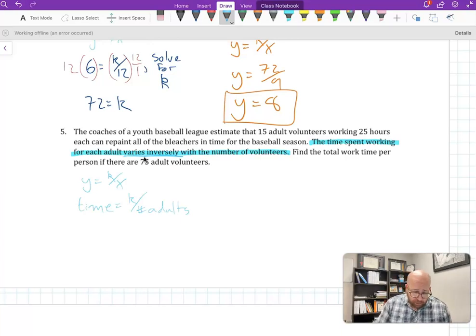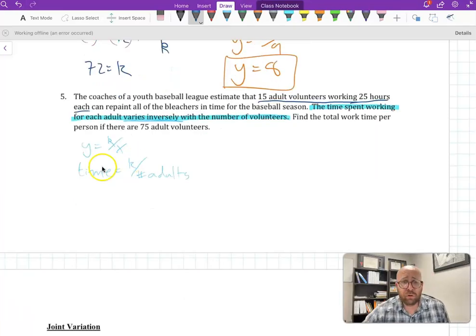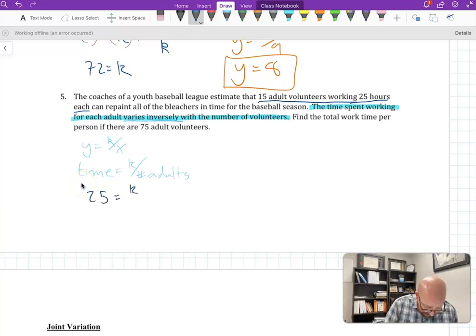So, we begin with the first statement: the coaches estimate that 15 adult volunteers working 25 hours can repaint all the bleachers. According to our equation, we can say that 25 is equal to k over 15.